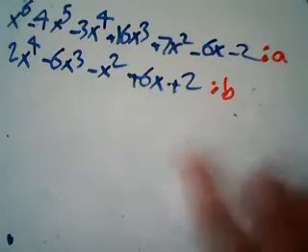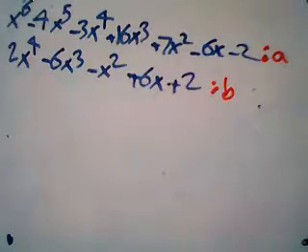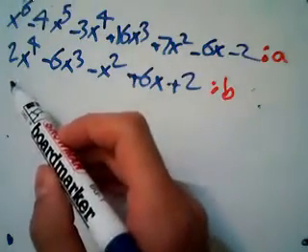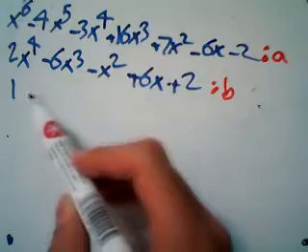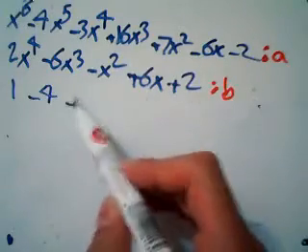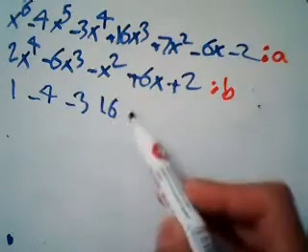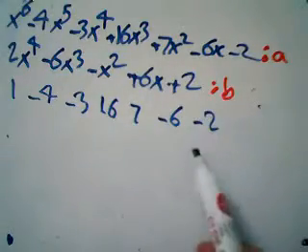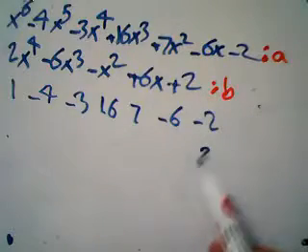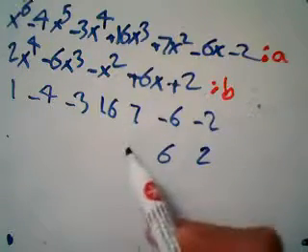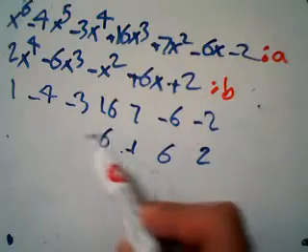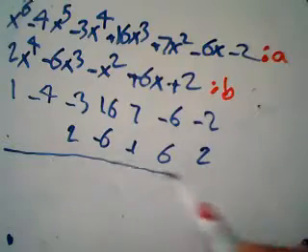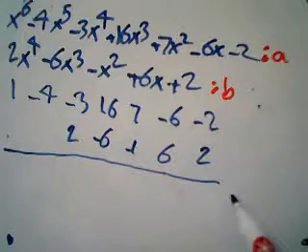do the addition by the fast method. First, write down the coefficients of a: 1, minus 4, minus 3, 16, 7, minus 6, minus 2. Also the coefficients of b: 2, 6, minus 1, minus 6, and 2. Okay, this is a and b.